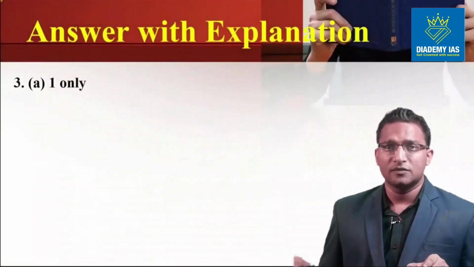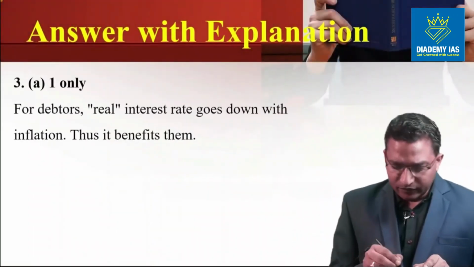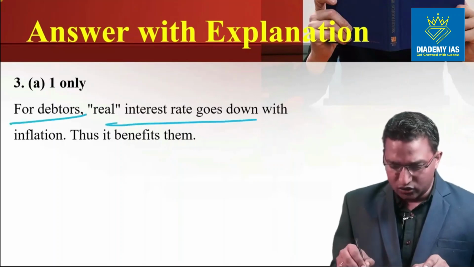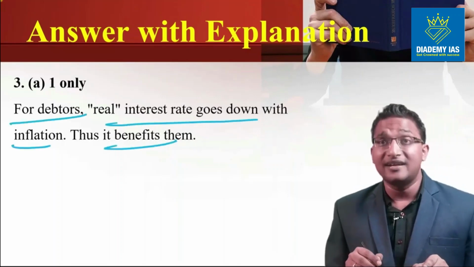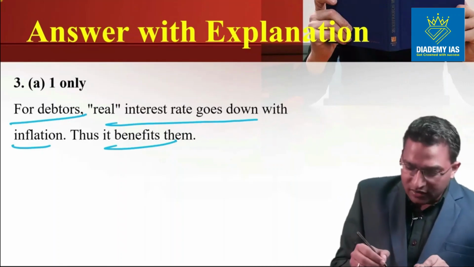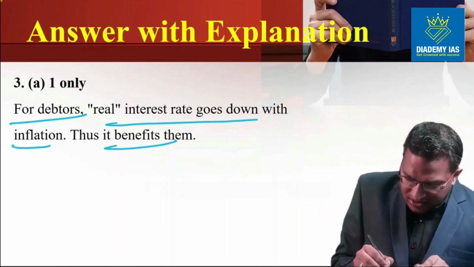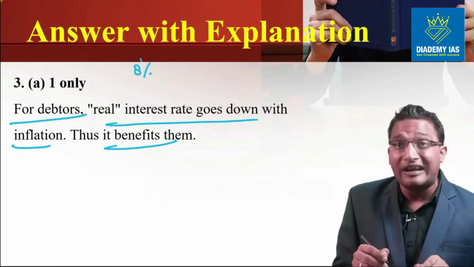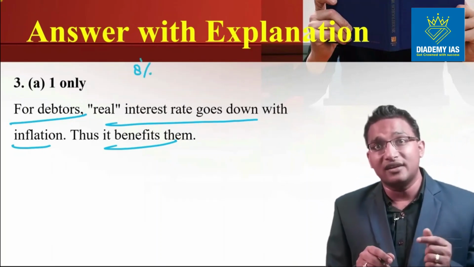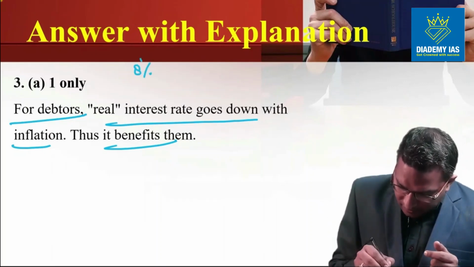Why 1 only? Because for the debtor, the real interest rate goes down with inflation. So it is the debtor who benefits, right? The debtor means the person who is receiving the loan. For example, the person is receiving a loan at an 8% interest rate, and the inflation rate is maybe 6%.